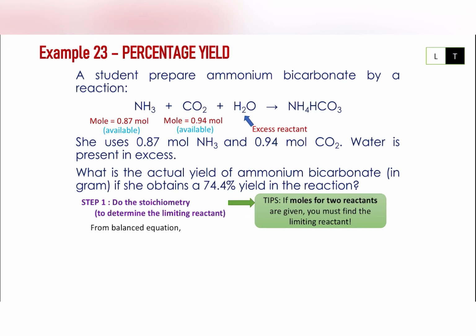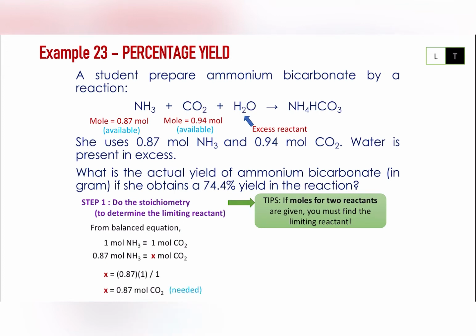So, from balanced equation, 1 mole ammonia reacts with 1 mole CO2. So, when you have 0.87 mole, this is mole available for ammonia. Automatically, you can determine X, which is mole of CO2, is 0.87.